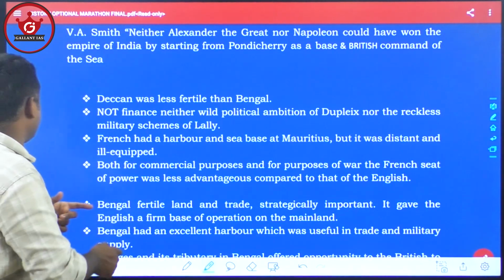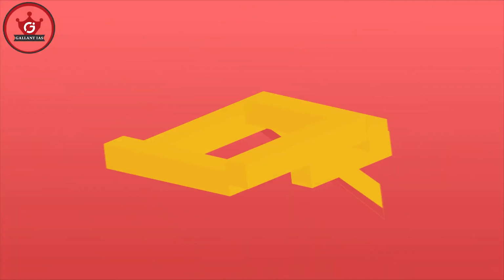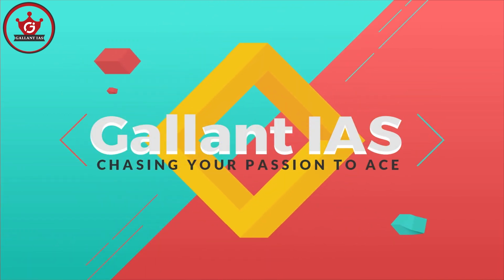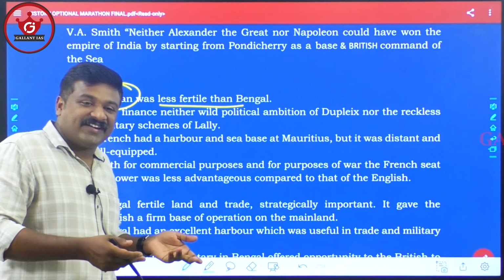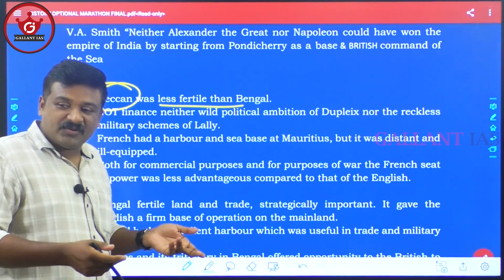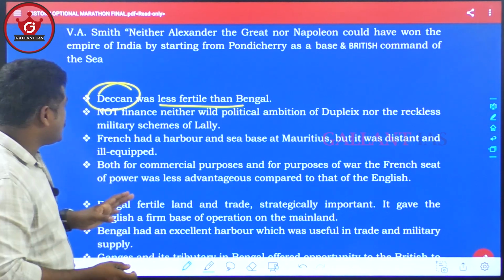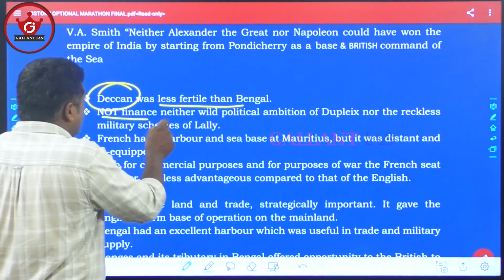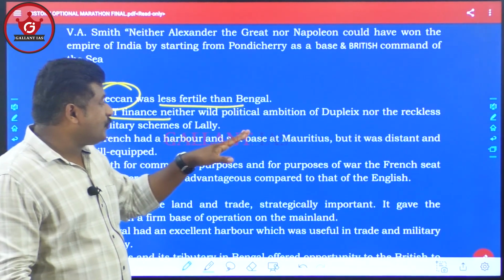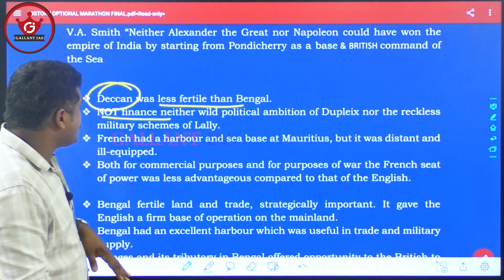Yes. Now the analysis is like this. The Deccan was less fertile than Bengal. You can't find any shipping industries or shipyards or any profitable harbors here. It was less fertile, and could not finance either the wild political ambitions of Duplessis or the reckless military schemes of Lally.